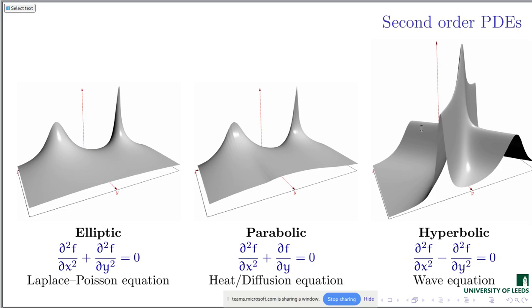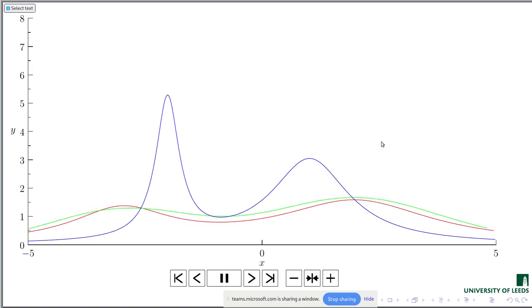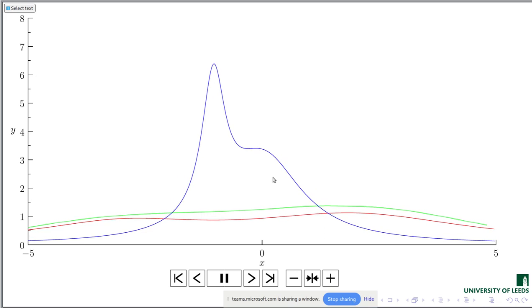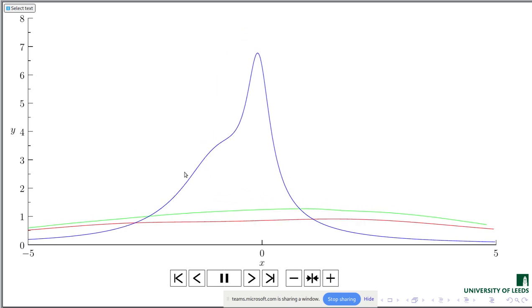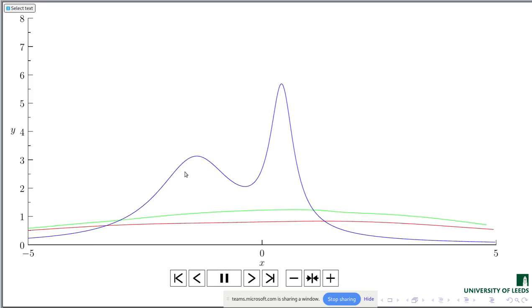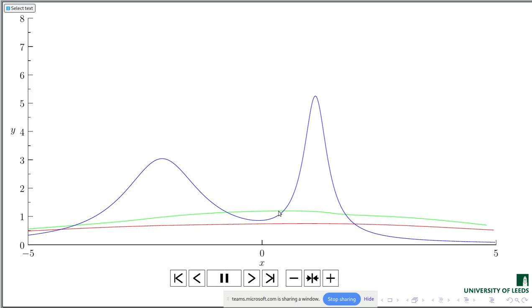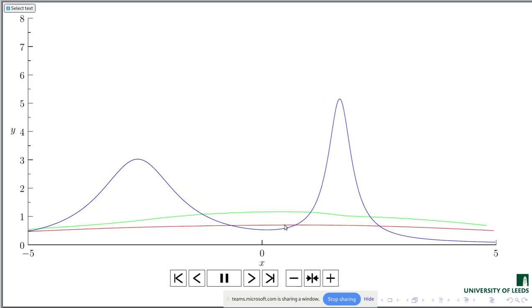So just to give a little bit more illustration of the difference of these initial value problems, I animated it. The same initial value here propagates in blue color as a wave. So we have two waves passing in opposite directions, one through another, completely preserving their initial shape. And green and red are correspondingly the parabolic and elliptic situations.